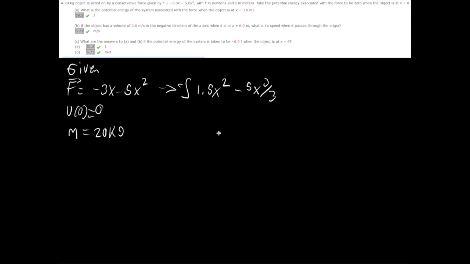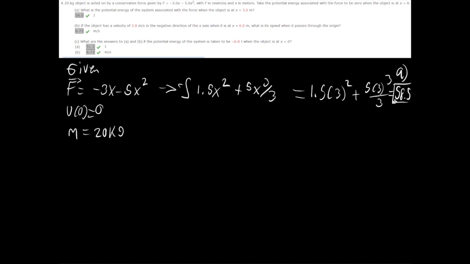That's going to be a plus. So this is the mistake. We took the negative out. This is going to be a plus. So this is going to equal, if we substitute, 1.5 times 3 squared plus 5 times 3 to the third over 3, and it's going to equal 58.5. So that's A.